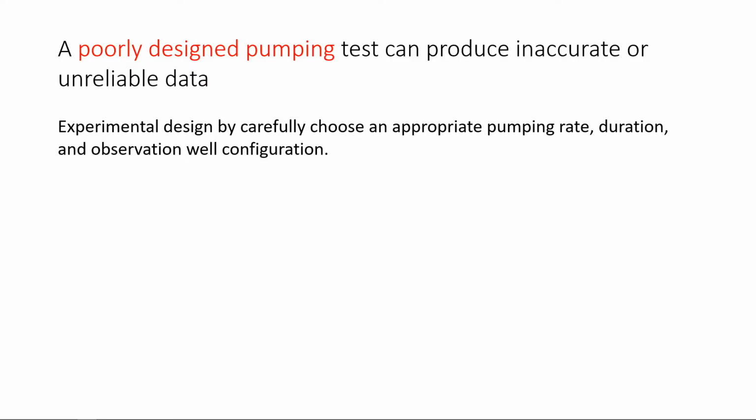If your observation well is too close to the pumping well, it might be affected by wellbore storage or might not accurately measure the hydraulic properties of the aquifer. If the observation well is too far, you might not capture the full extent of the drawdown of the aquifer, or the drawdown might be too small to give any meaningful analysis. So that is also something you need to consider.